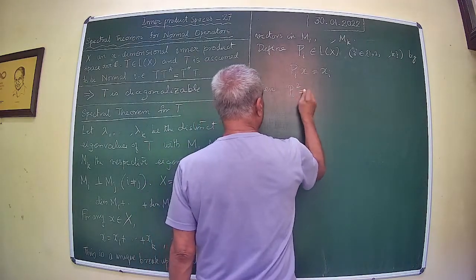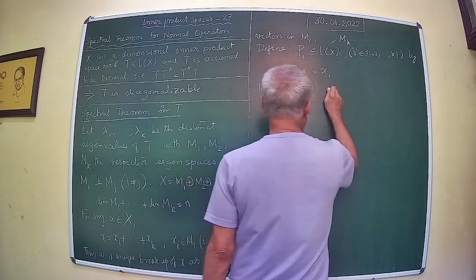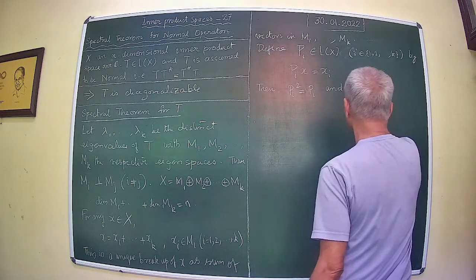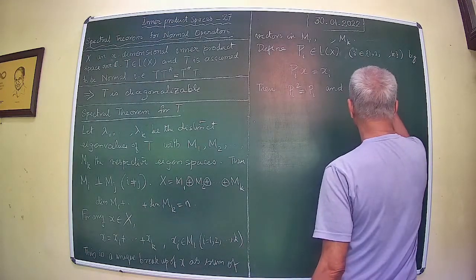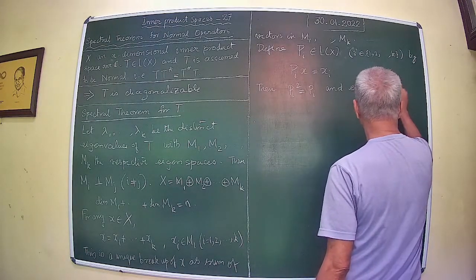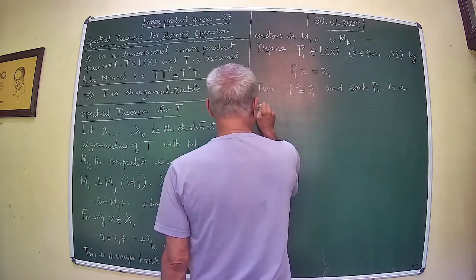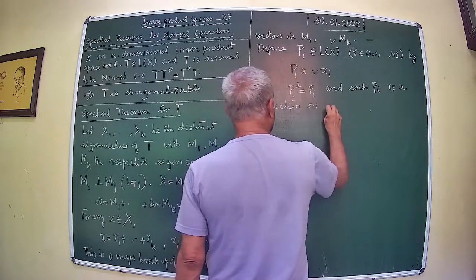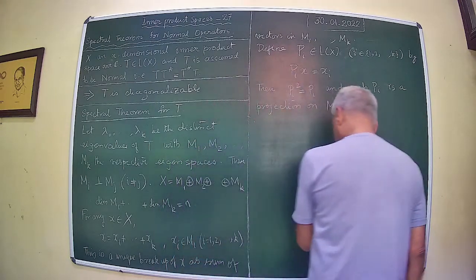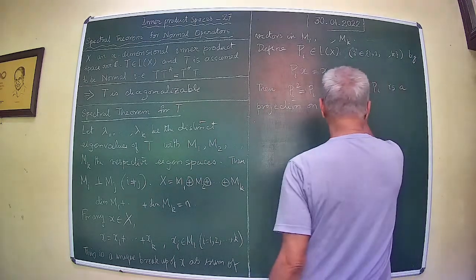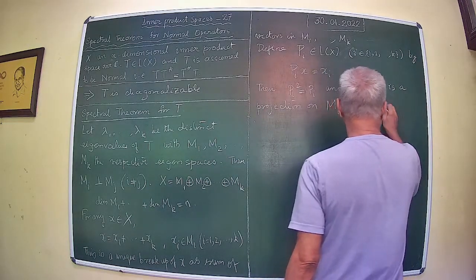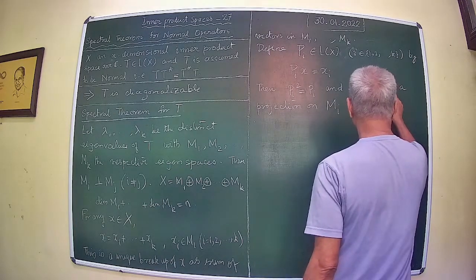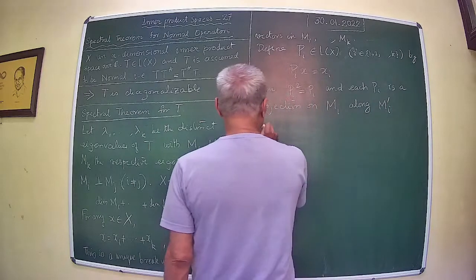Pi square equal to Pi, and each Pi is a projection on Mi along Mi prime, where Mi prime is the sum of the other eigenspaces.